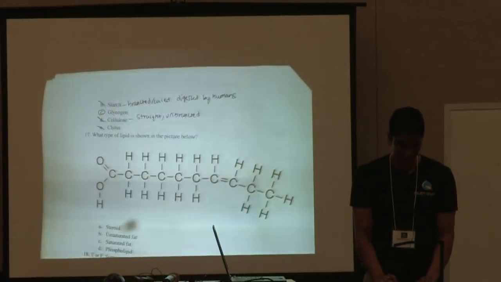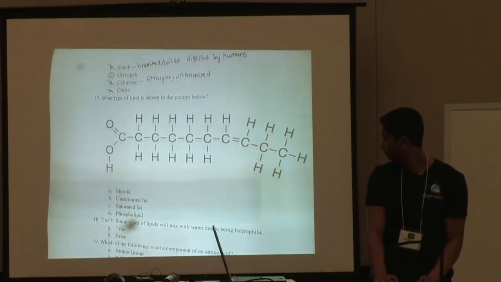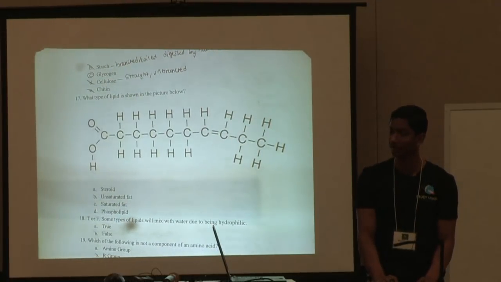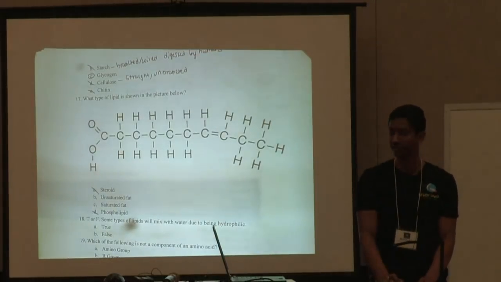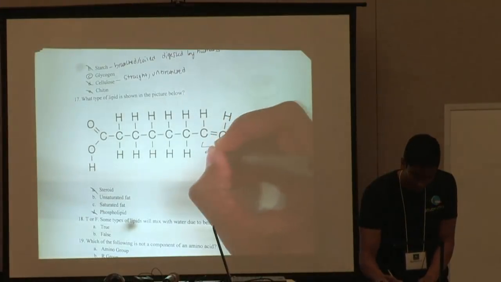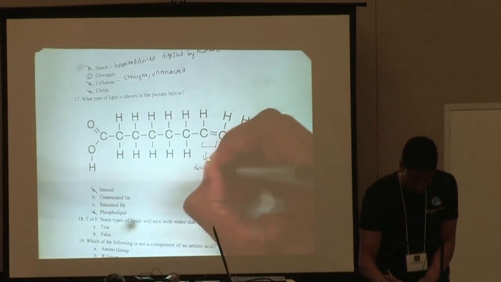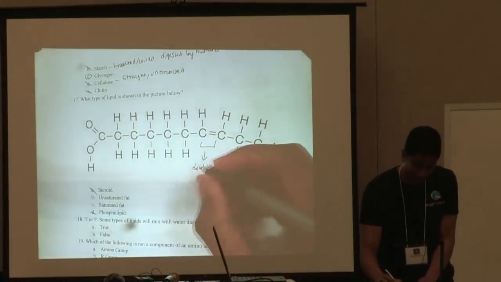All right. What type of lipid is shown in the picture below? Unsaturated, right? So even if you didn't know, it has to do with saturation. So what makes you say it's unsaturated? Awesome, right? It's the double bond. So it's missing 2 more hydrogens that would make it saturated.